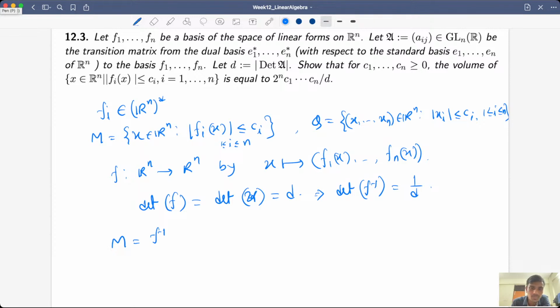It is easy to say that this is f inverse of Q only, the defining M.